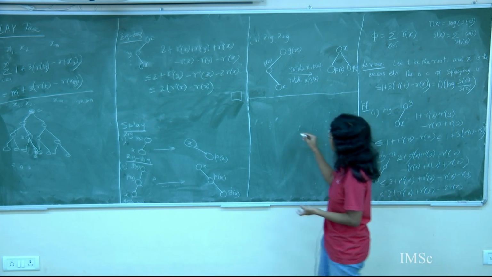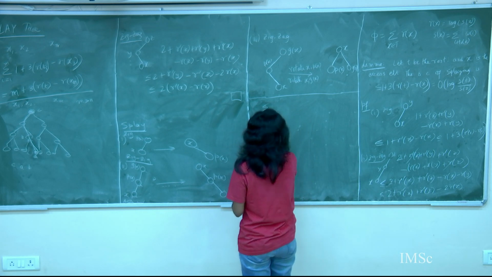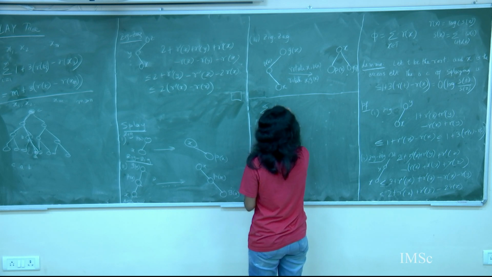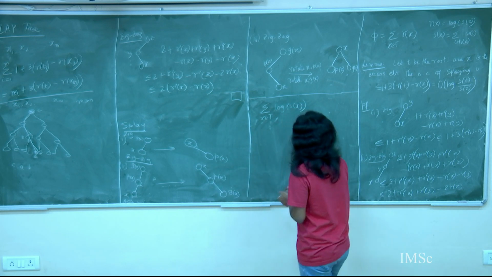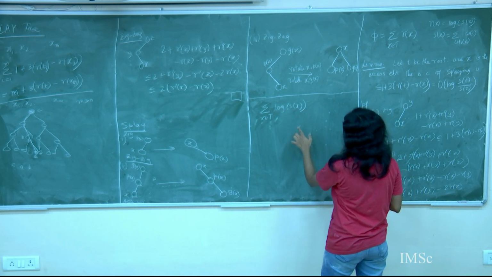This is the sum over all the nodes that belong to the tree, of log of the size of that. This is the sum of wi.